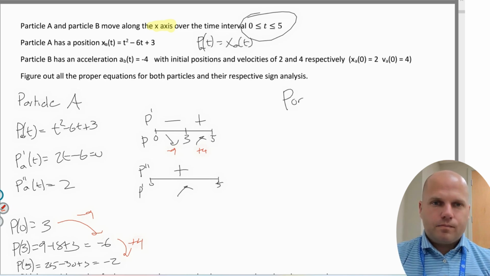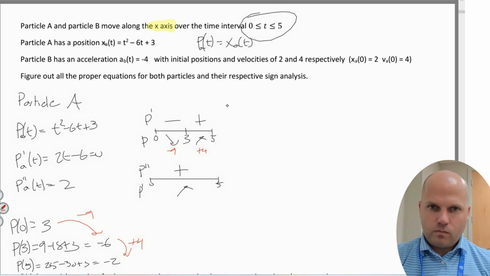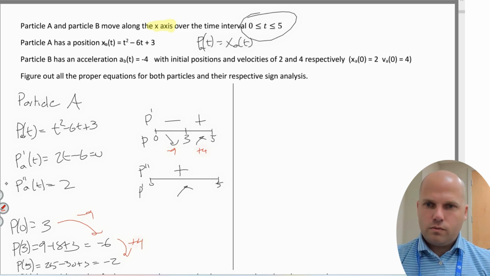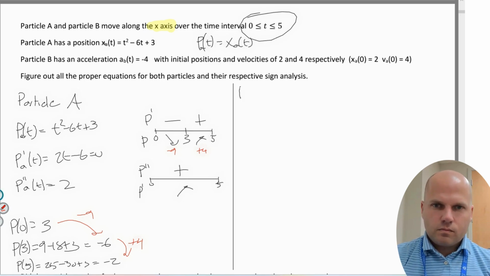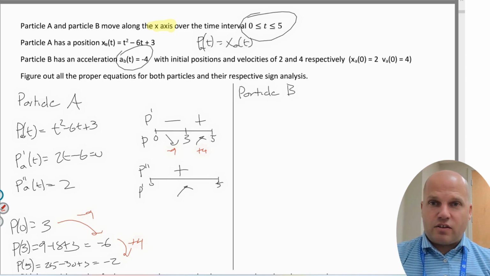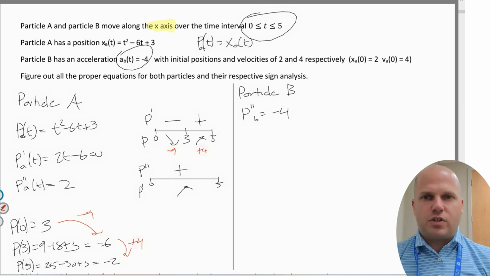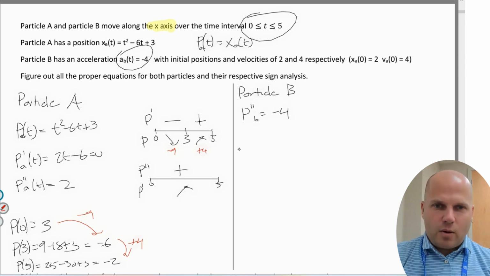Particle B. Separate this out. I'm given the acceleration. So I'm given the second derivative, the change of the velocity. I've got to go backwards.